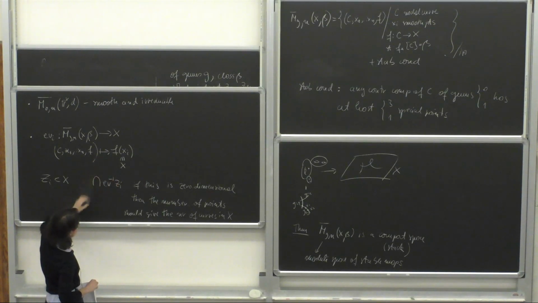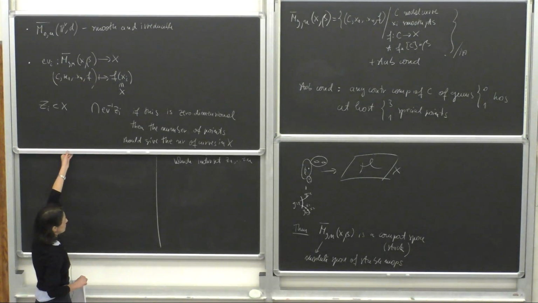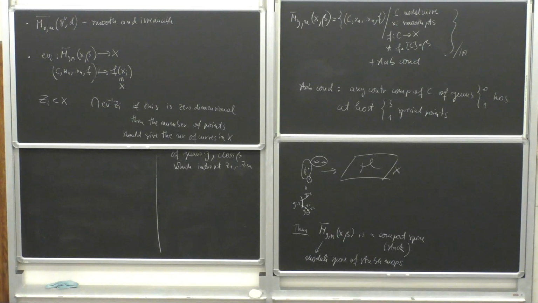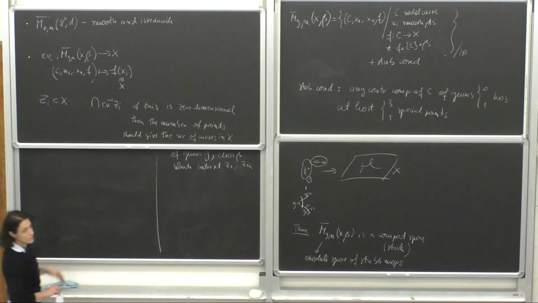I do this intersection here, and the resulting number should be 1, and this gives me an answer to an enumerative question. The enumerative question is how many curves of this topological type intersect certain subvarieties. This translates into intersection theory on my moduli space of stable maps.